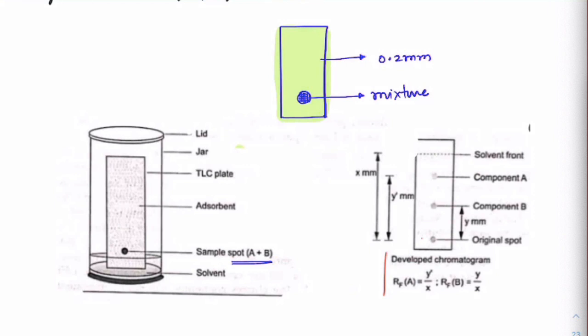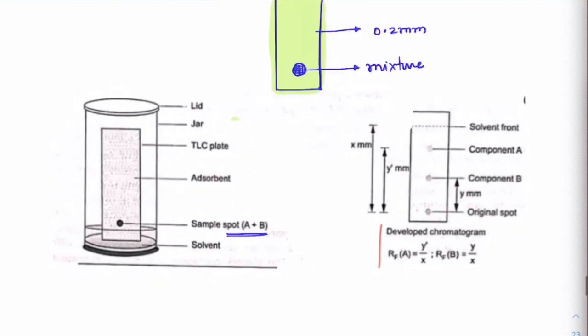After placing it in the solvent, one thing we have to take care of is that this dot should be above the solvent. It should not be touching the solvent, or else it will get dissolved in the solvent directly. The minimum difference between the solvent level and the dot should be maintained at 2 centimeters. Anything more than 2 is fine, but minimum we should have 2 centimeters difference while you are putting it down.